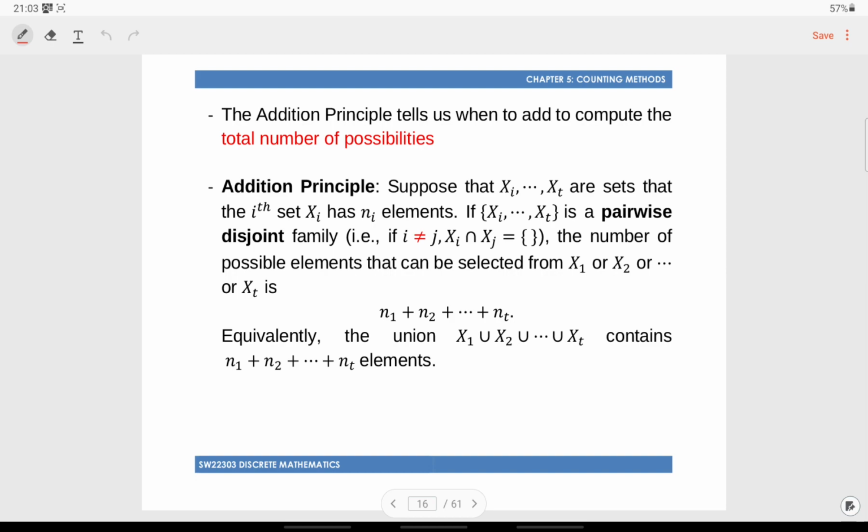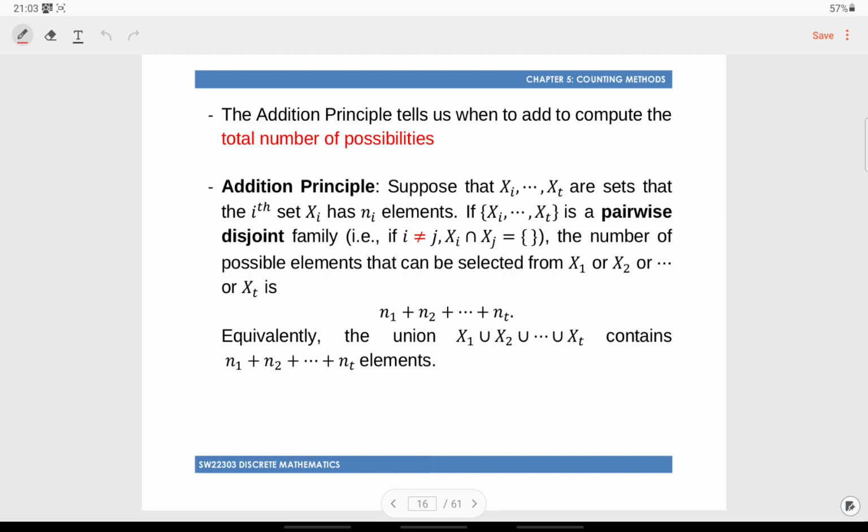Suppose that we have sets X1 up to Xt, and all these X are sets, where the ith set Xi has ni elements. So if X1 up to Xt is a pairwise disjoint family, what does it mean?